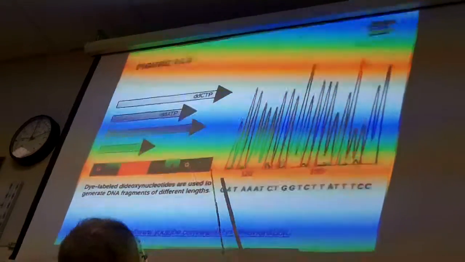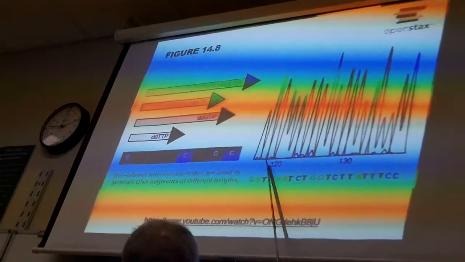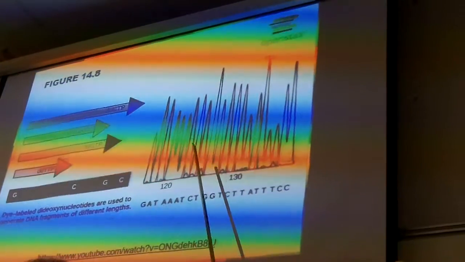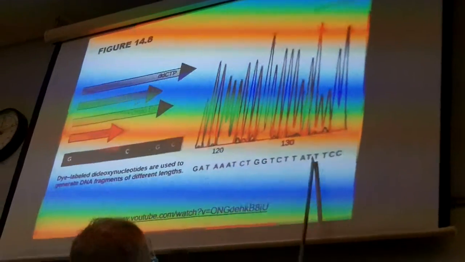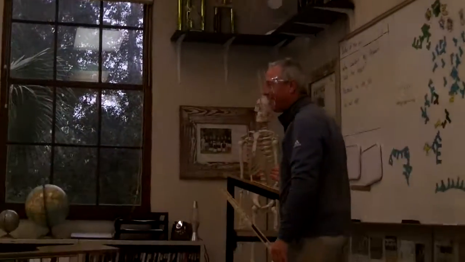So there were first a lot of G's came through, then a whole lot of A's came through, then a whole lot of T's came through, and so forth. So they know the sequence of the DNA from one side to the other. That's called Sanger sequencing.